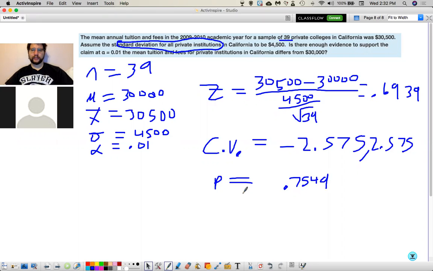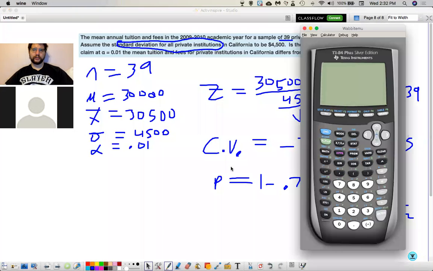That's positive, so that's to the right of the center. I need 1 minus that. And then it's a two-tail, so I need to double that. And that would be my p-value. So I guess you could do either one.